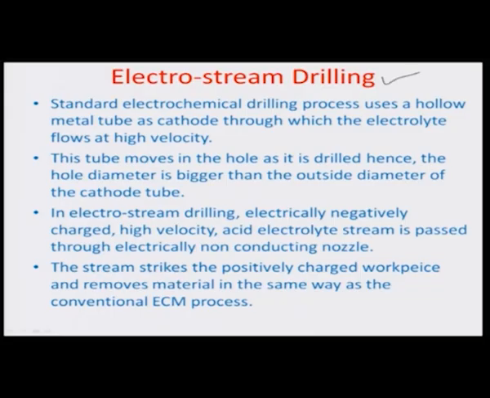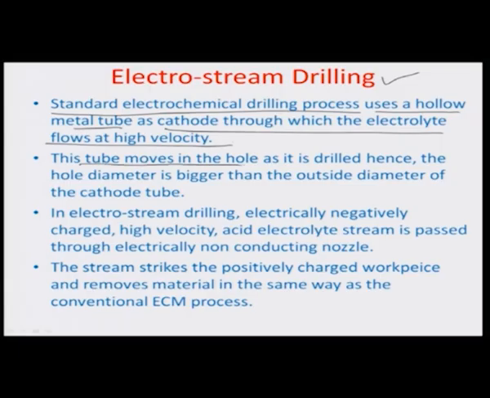Now the standard electrochemical drilling process, as you may recall, used a hollow metal tube as cathode through which the electrolyte was flowed at a very high velocity. This tube moved into the hole as the drilling was being performed, and the hole diameter that came out was bigger than the outside diameter because of the overcut issues associated with the cathode tube.